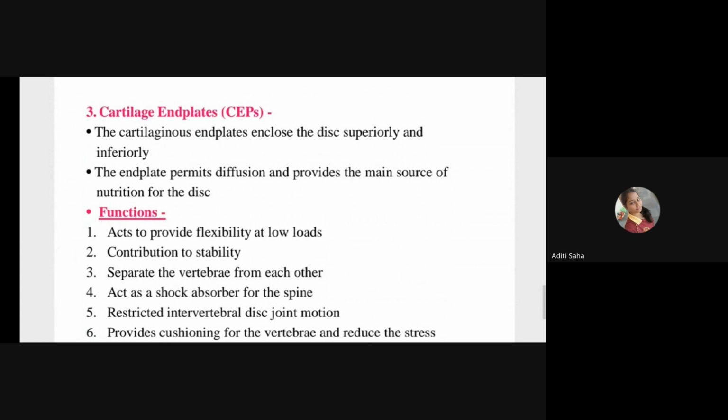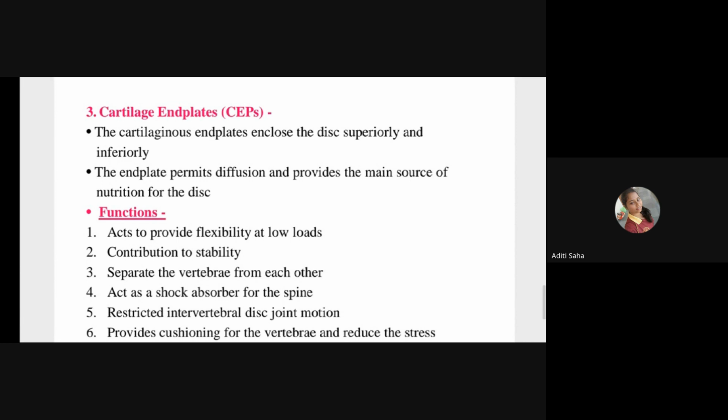Now, what are the functions of intervertebral discs? So, functions are they act to provide flexibility and lower loads. Yes, they are providing flexibility, they are absorbing shock, and they are keeping the load by themselves and contribute to stability.